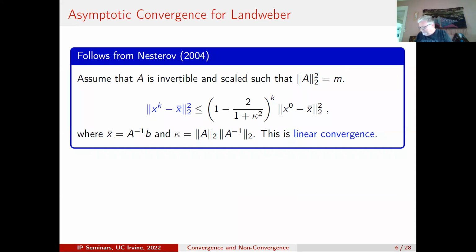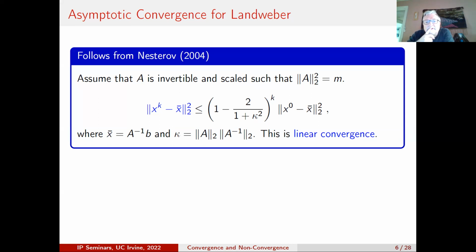So convergence, all right. So this is a bit of convergence theory for Landweber's method. If you look at that, you see we have an upper bound for the reconstruction error after doing k iterations. So what I assume here to make the notation easy is that actually the matrix A is square and invertible.